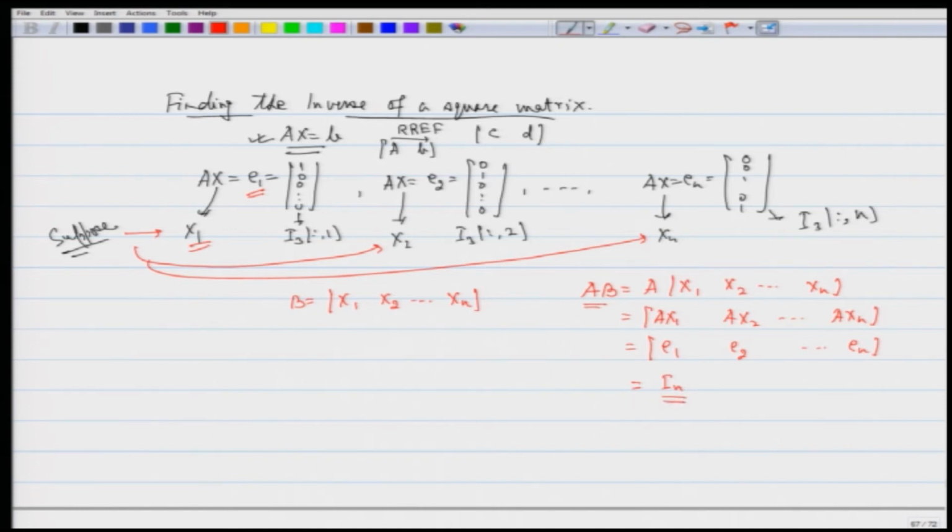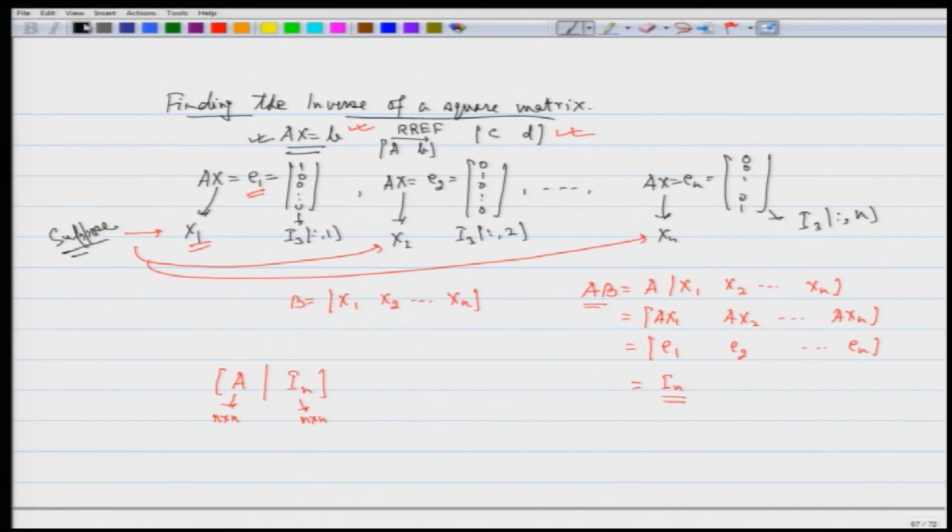So, let us try to understand what exactly I am trying to say. In place of solving the system A B, the augmented matrix, I would like to solve the system A and identity. This is an n cross n matrix, this is also an n cross n matrix, and I want to solve it, fine.